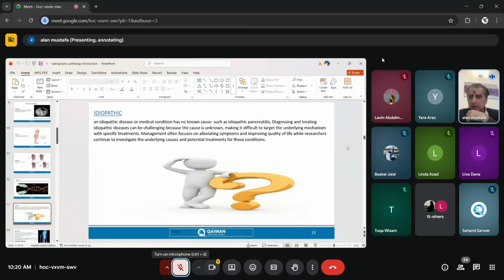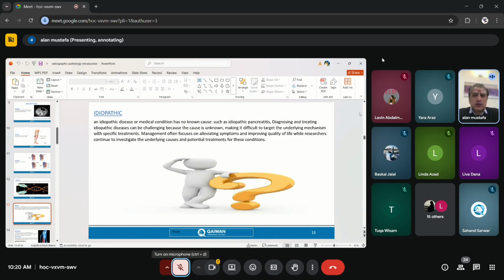Now we have something called idiopathic. When we don't know something, it's idiopathic. When we have a disease that we don't know the cause, and there are a lot of diseases that we don't know their causes, we call them idiopathic.